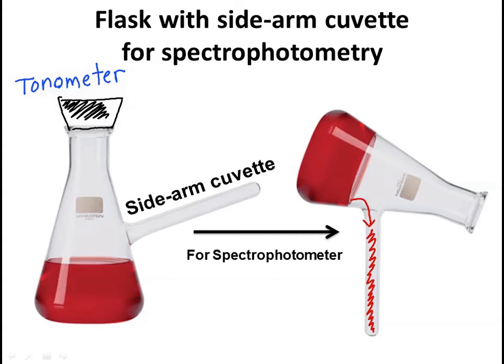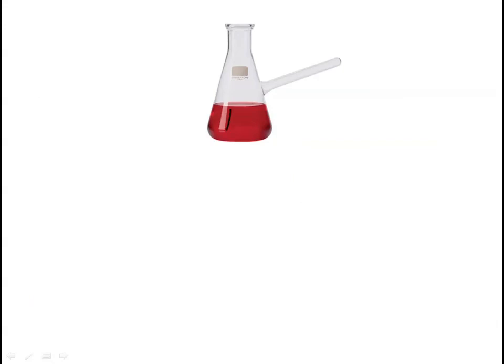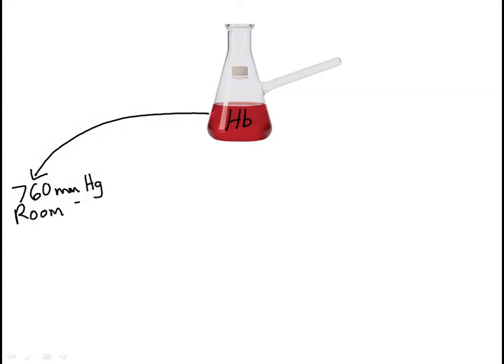Now let's talk a little bit more specifically about the experimental protocol. You'll be provided with a hemoglobin sample that's at ambient air pressure, which is 760 millimeters of mercury, and room temperature. And this sample is considered to be oxygenated.